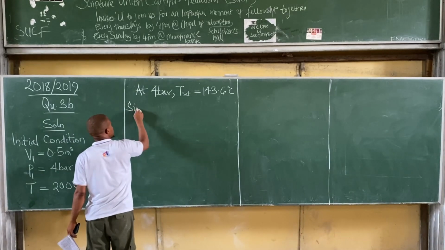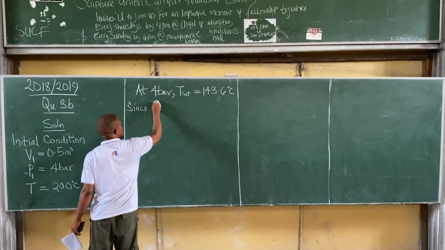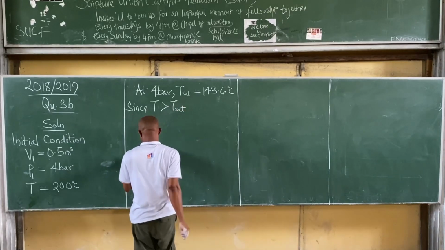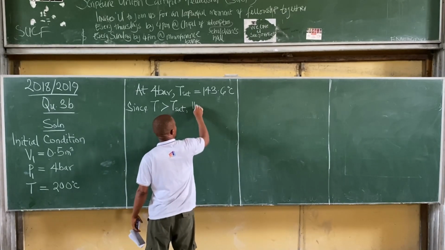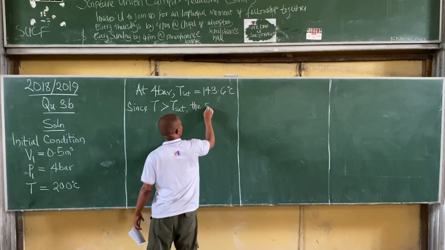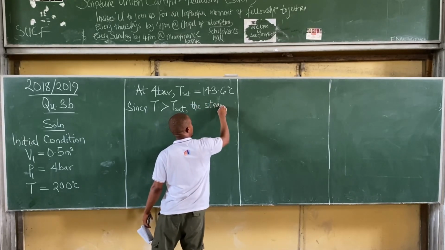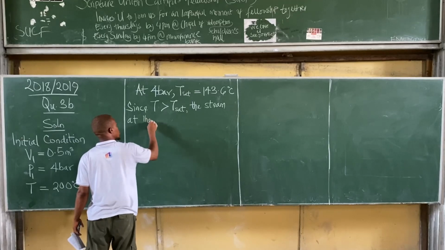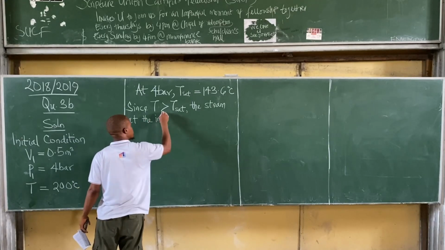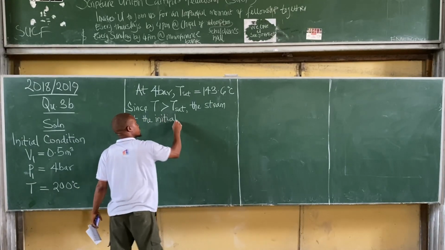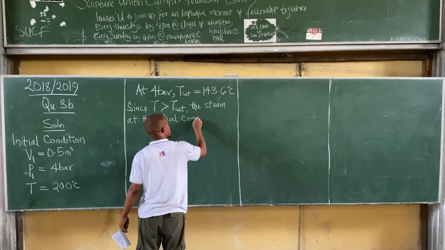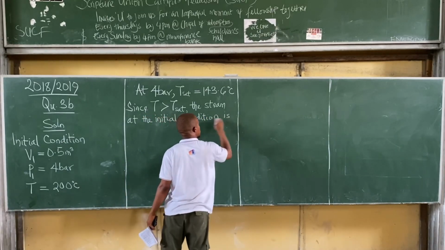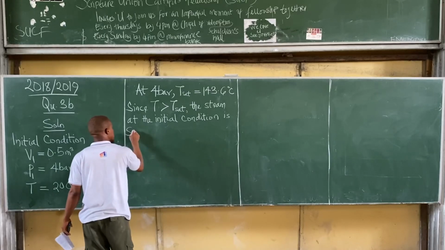Since T is greater than Tsat, the steam at the initial condition is superheated.